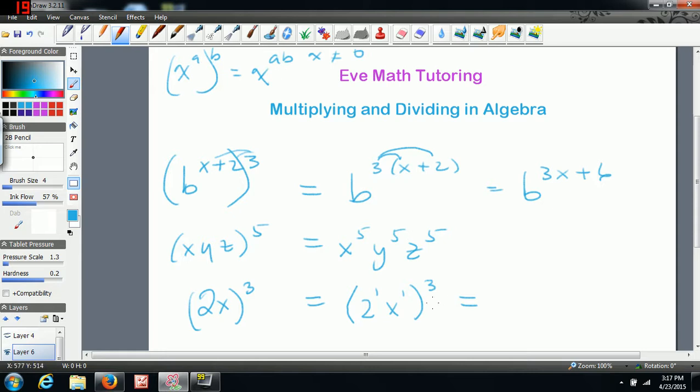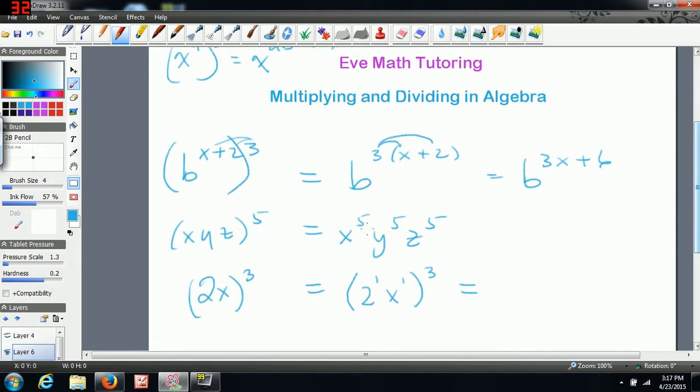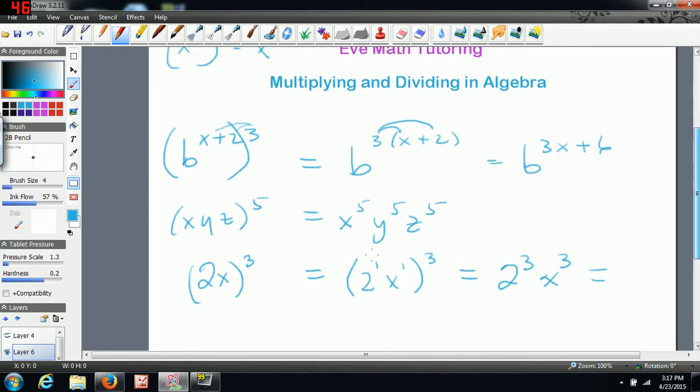This rule here applies to both exponents. So it becomes 2 to the 3 and x to the 3, okay? And then you could even simplify that. This you can simplify to 8. Sorry about that. So this you can multiply to 8x to the 3. Okay.